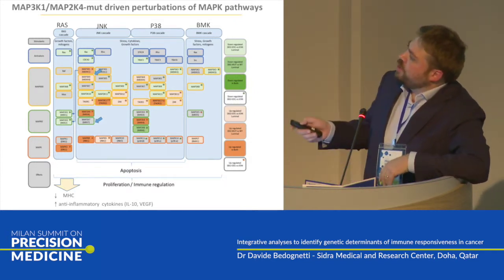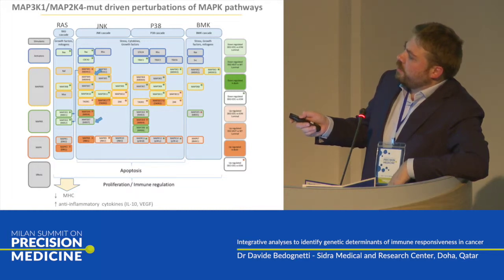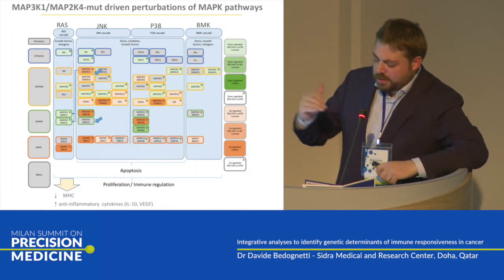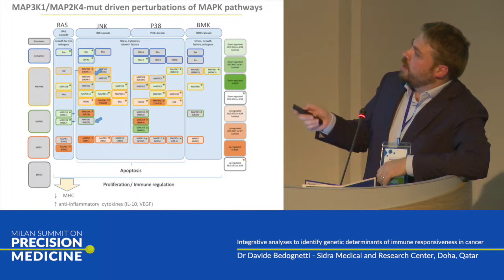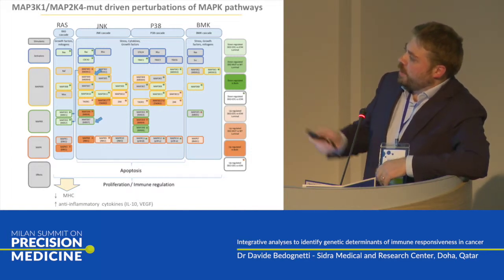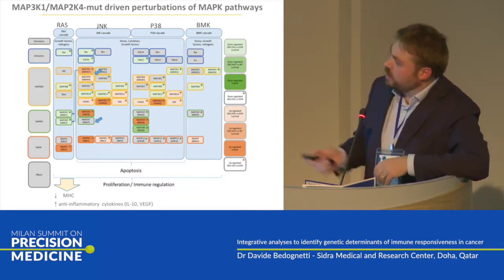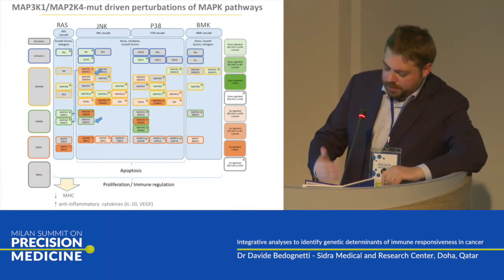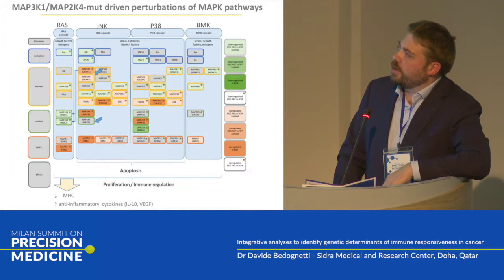Again, these two genes are represented here, and it is impossible to assess the effect of the mutation on a specific pathway, because they are extremely overlapping and interconnected. But overall, the analysis suggested that tumors with this mutation had a strong dysregulation of the MAP kinase pathway.